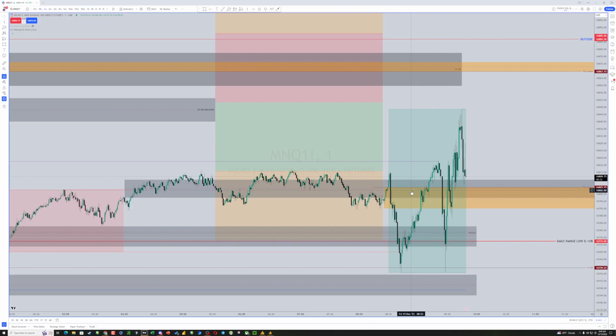But right there is where I'd expect it to turn. But I would expect it to dive through it and then close on it or above it. Okay, see how that's not diving?